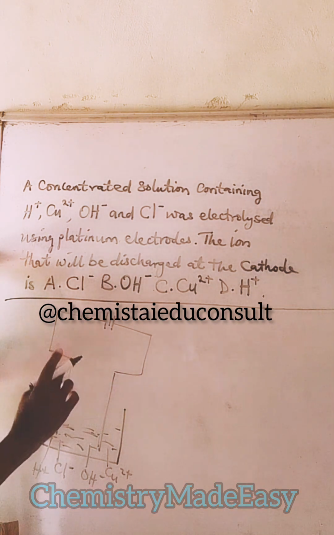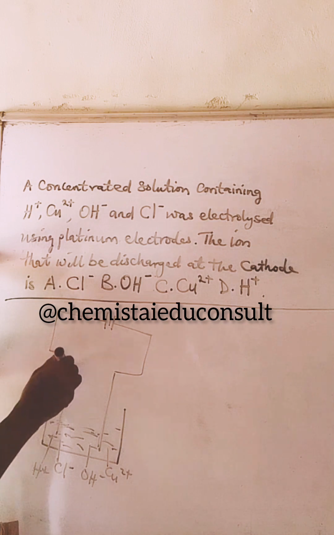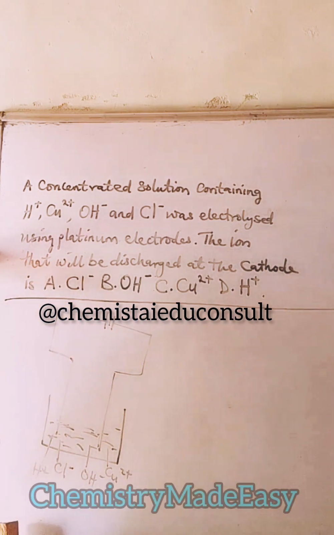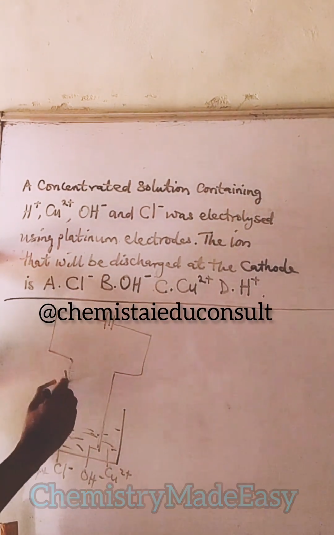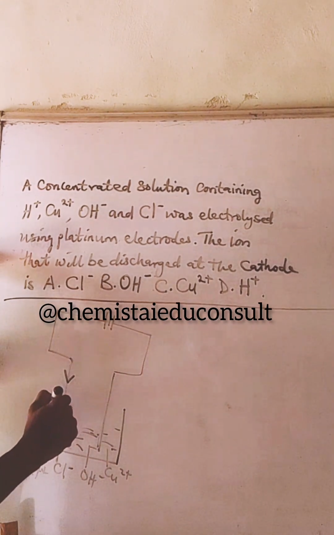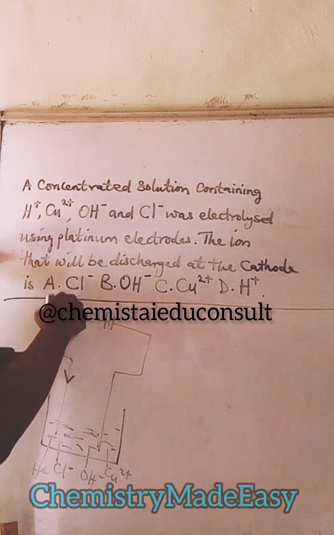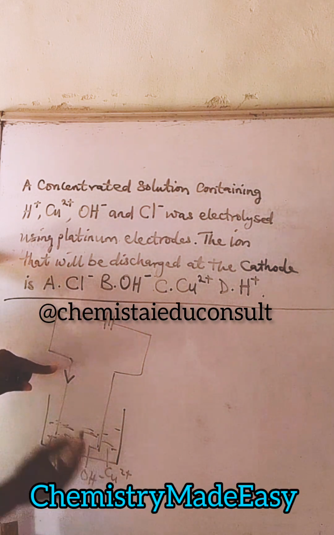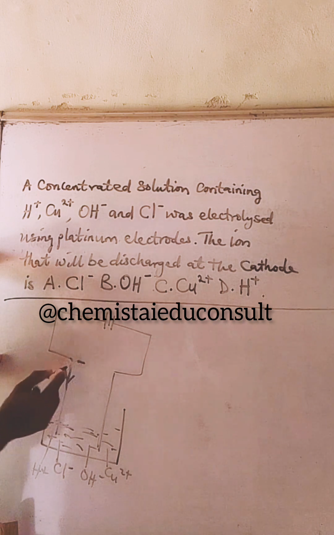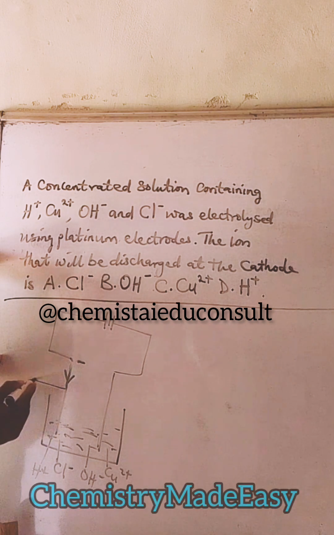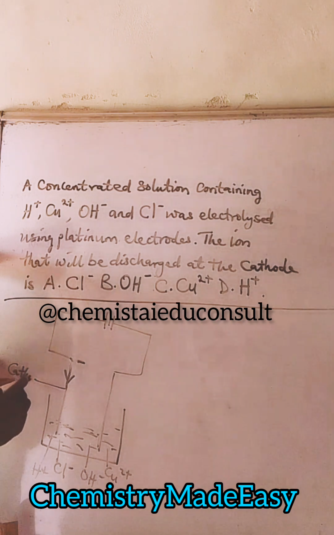The electrode that conducts electrons towards the electrolytic tank is called cathode. So this arrow shows flow of electrons. So as electrons flow into this container through this electrode, the electrode becomes negatively charged. And this negatively charged electrode is called cathode.